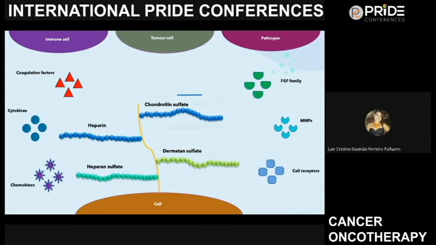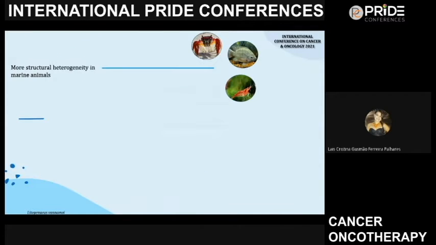Because of that, for the past couple of decades, GAGs have been studied, and those studies have been focused on finding new GAGs from other animals, the main focus now being marine animals, because apparently GAGs from these animals, compared to GAGs found in mammals, present very unique structures.